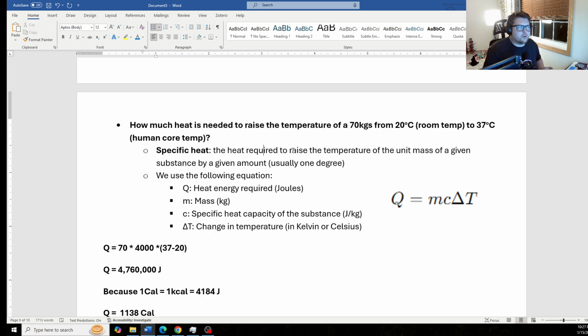It's the amount of heat required. Heat is energy, so joules, required to raise the temperature of a unit of mass of a given substance by a given amount. So it's, how much energy do we need to raise the temperature of a kilogram of this particular thing by 1 degree.